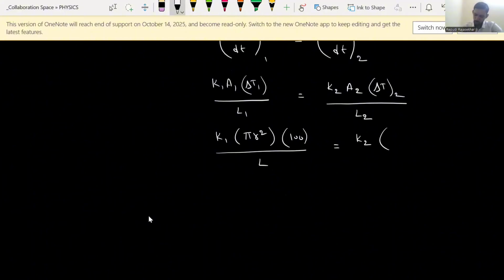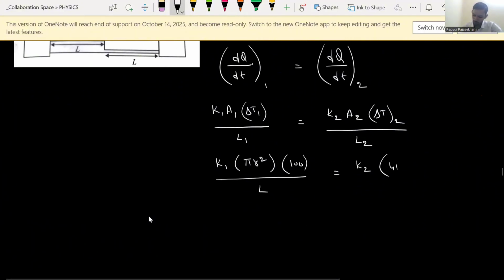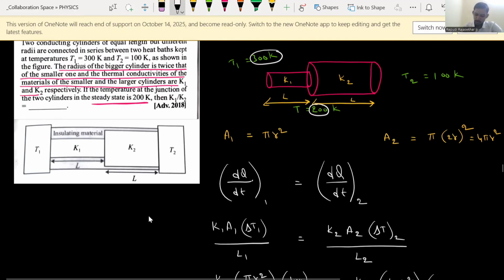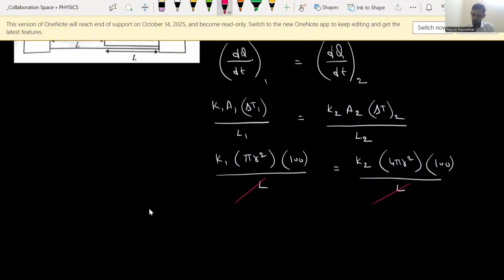We need to get A2 value. Area of the second rod is 4 pi r square. This is 4 pi r square into delta T for the second rod. Second rod, one end temperature is 200, other end temperature is 100. It means again difference is nothing but 100. All divided by length, is same. Both the rods are having same length. Length value cancels here.